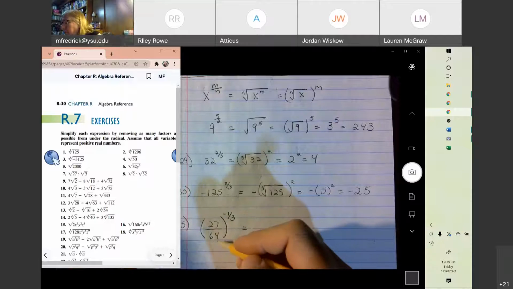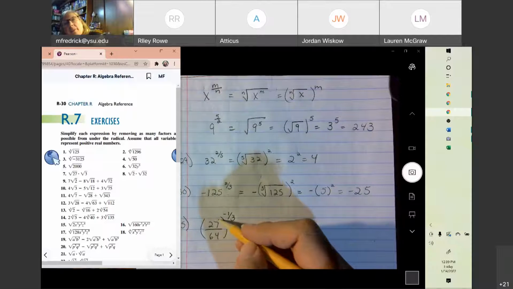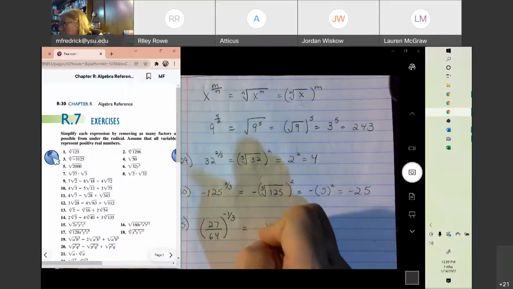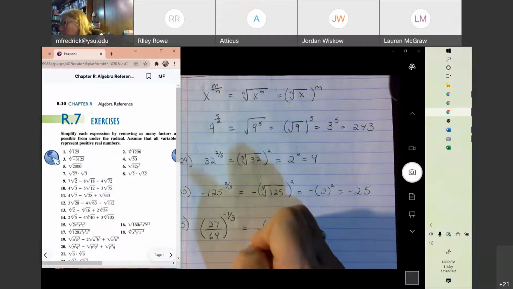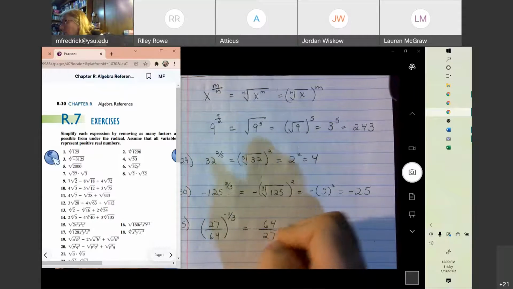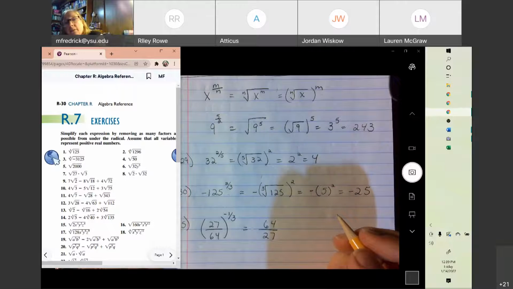The negative is going to move the 27 down and the 64 up. So it would be 64 over 27, which makes that a positive.